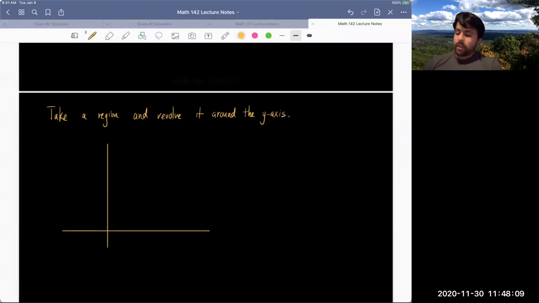Now I have some kind of function that looks like this. This I'm going to call C, and this I'm going to call D, right? And I'm revolving it around the y-axis. So this is the region that I'm considering.